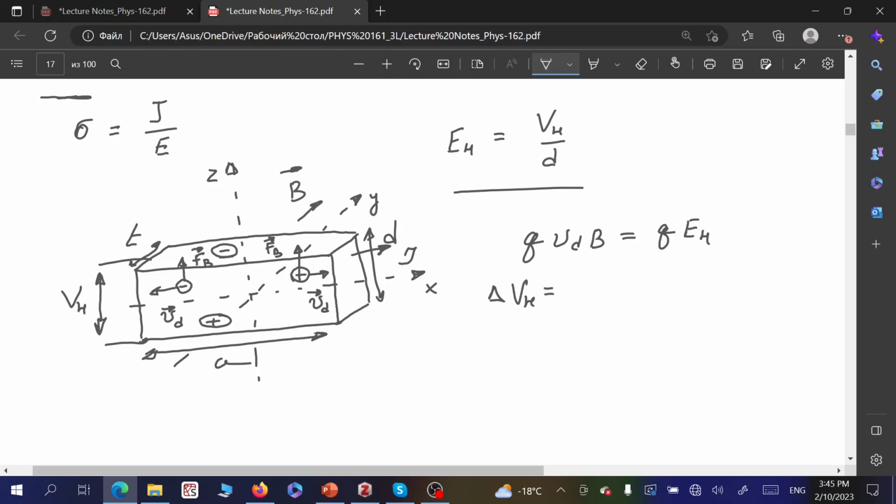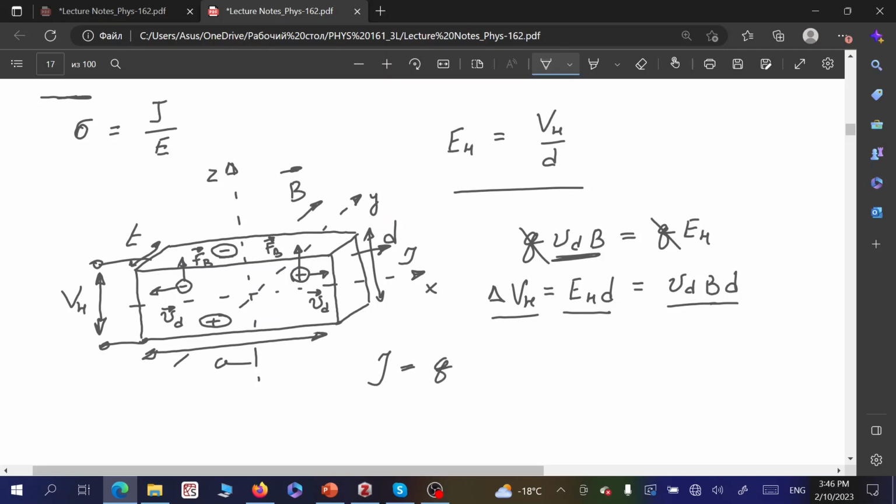So delta V_H, as I wrote, will be E_H times D, and that will be V_D times B times D, because here we can cancel out this Q. So E_H will be equal to V_D times B, and if we want to get the potential difference, the whole voltage so-called, between the top and bottom edge of this semiconductor sample, we need to multiply E_H by D, so it will be V_D times B times D. So now we have the expression for the whole voltage, and let us express what will be the current.